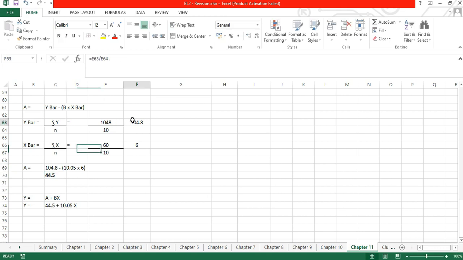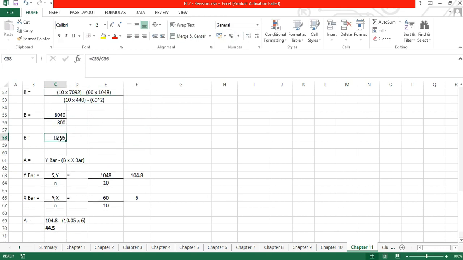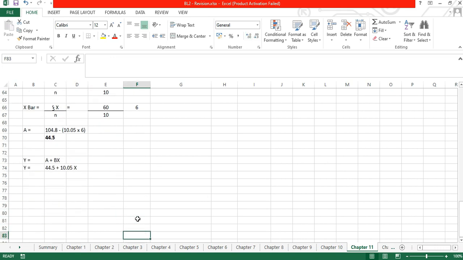But if there are more decimal places, we have to go for it. Maybe this has more decimal places. No, so there are only 2 there. So A will be 44.5 because there are no other 2 decimal places, and B in 2 decimal places is 10.05.